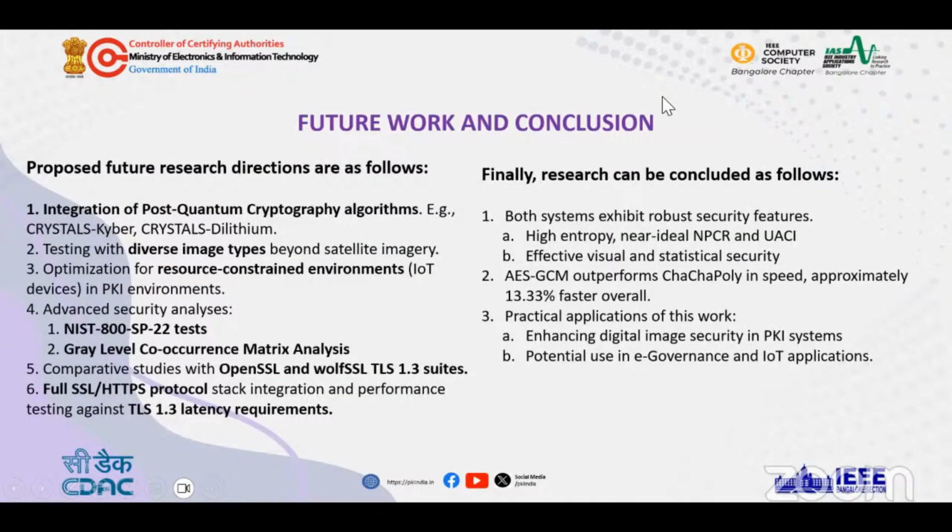So future work and conclusion. Some future work can be the integration of PQC algorithms, for example, Kyber and Dilithium. Testing with diverse image types beyond satellite imagery. Optimization for resource constrained environments, for example, in handheld devices.